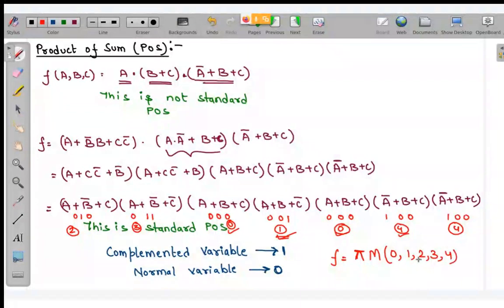Okay, so this is your maximum representation for this one. Or you can even represent it like capital M0 times capital M1 times capital M2 times capital M3 times capital M4. You can represent it like this also.